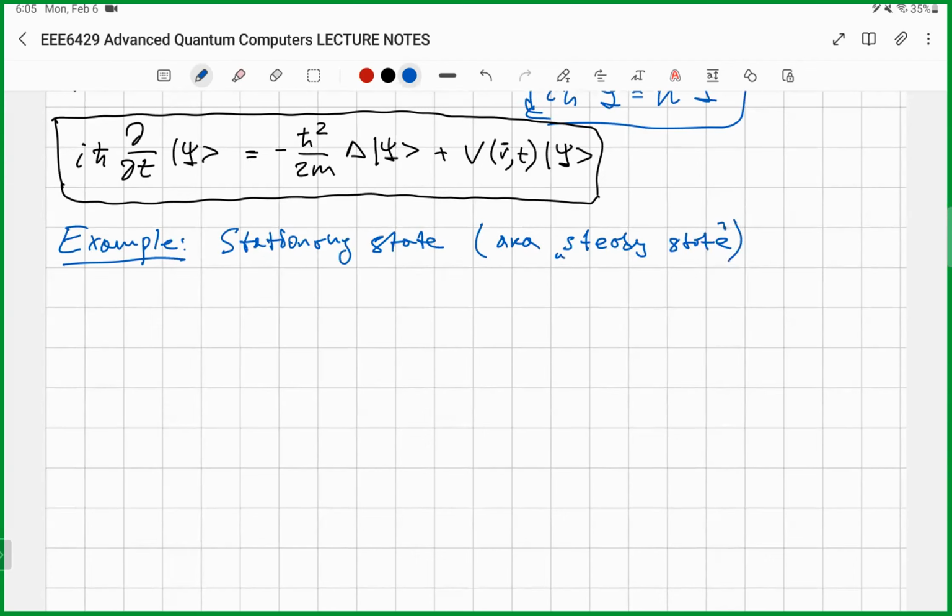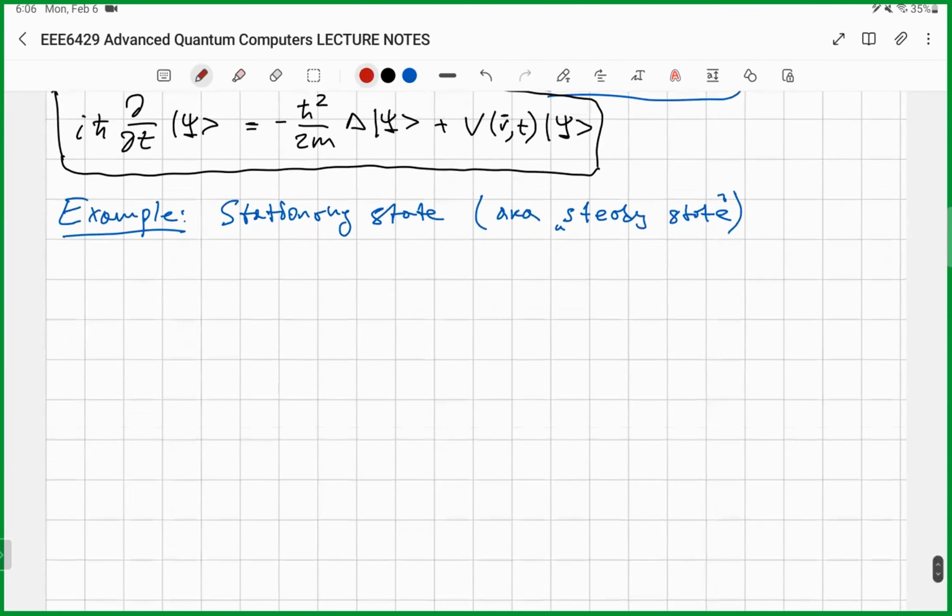Steady state, stationary state. So what this is about, it's about a system without any interactions with external systems that don't belong to the one we consider.